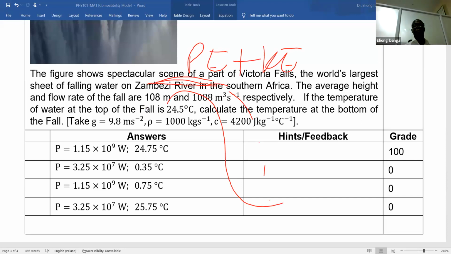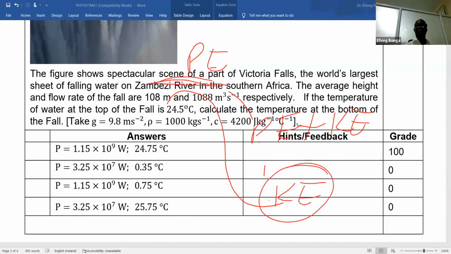Let me make it a bit simpler: everything here is potential energy. At the top you have potential energy plus kinetic energy. At this point now, you have all kinetic energy. But the kinetic energy here is converted to thermal energy.